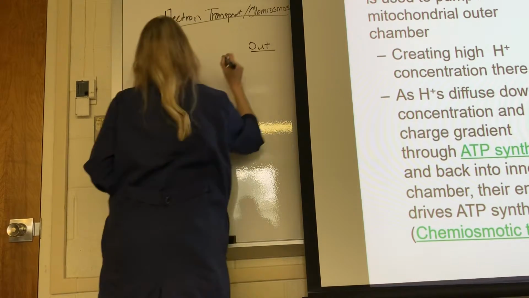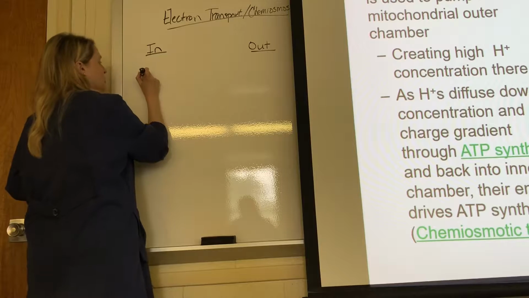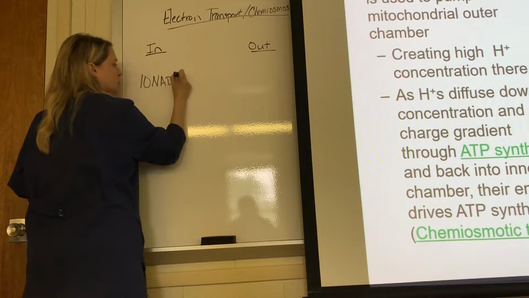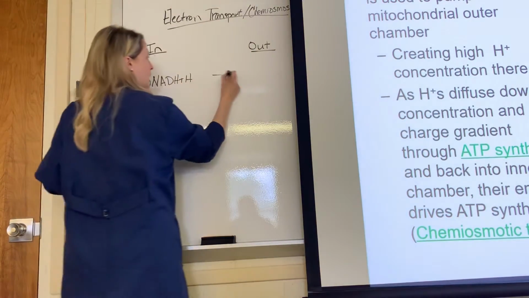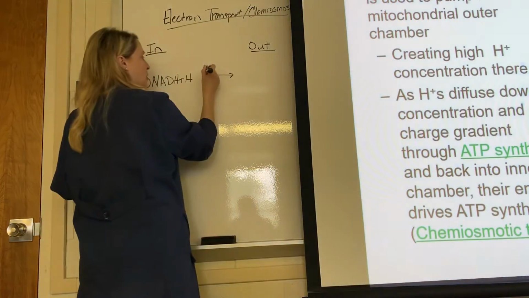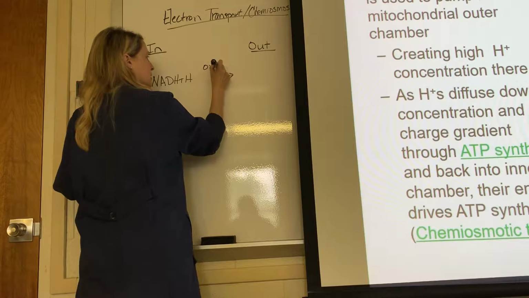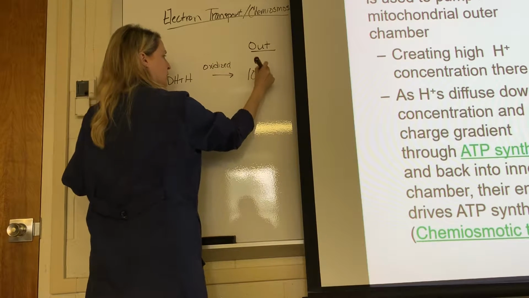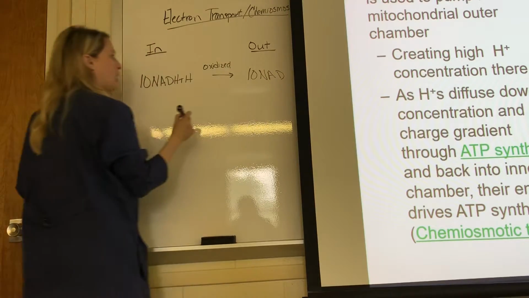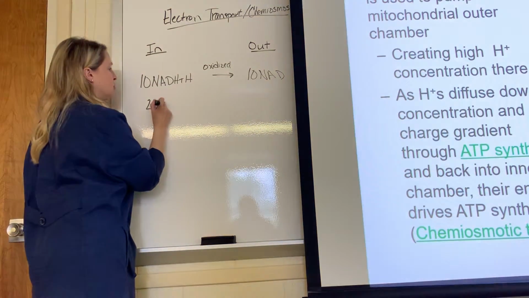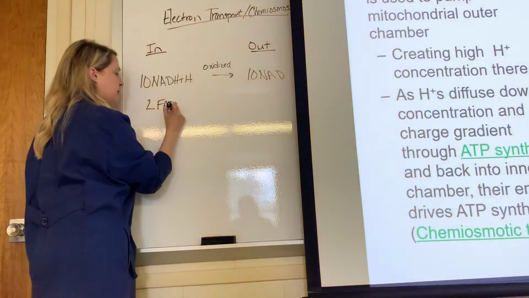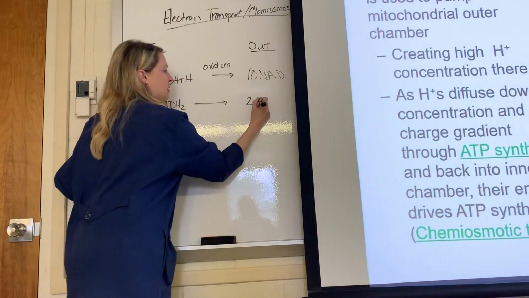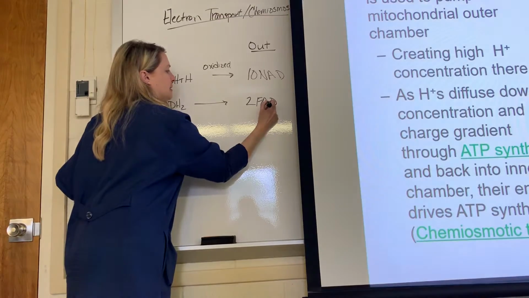Okay, so what goes in? Well, we started with 10 NADH plus H, and now we've oxidized them to 10 NAD molecules so they can go back and pick up more hydrogen. We had 2 FADH2 molecules, which have been oxidized to FAD.